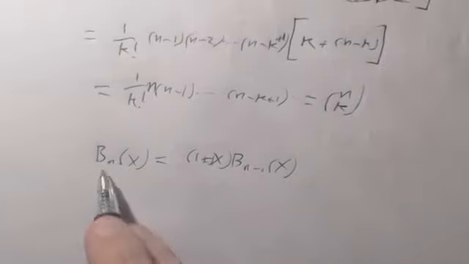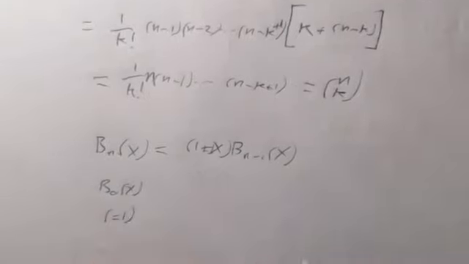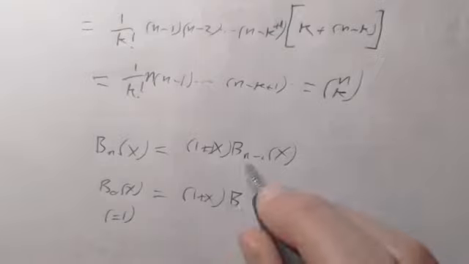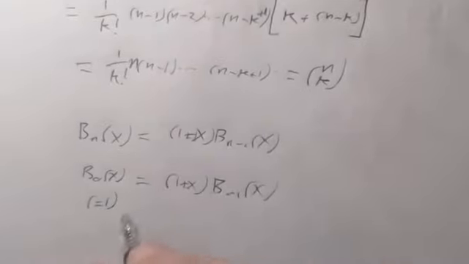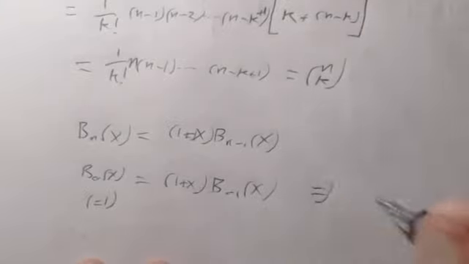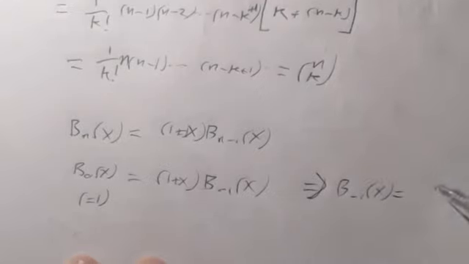So if you let n equals 0, B_0(x), which was equal to 1, is equal to 1 plus x B_{0 minus 1}(x). So that means that B_{-1}(x) equals 1 over 1 plus x.